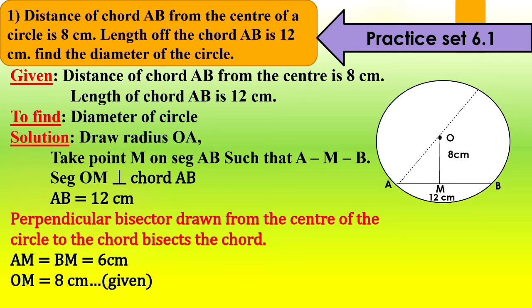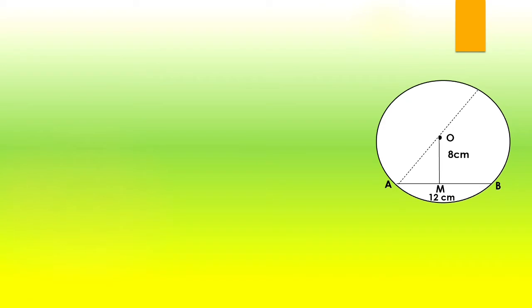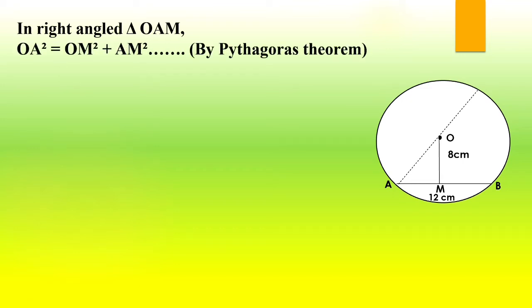8 cm. Now we will take in right angle triangle OAM. Square of OA equal to square of OM plus square of AM by Pythagoras theorem. Substitute the value.